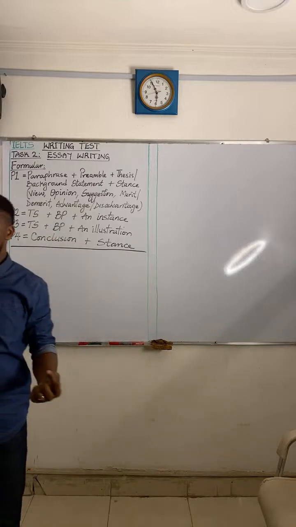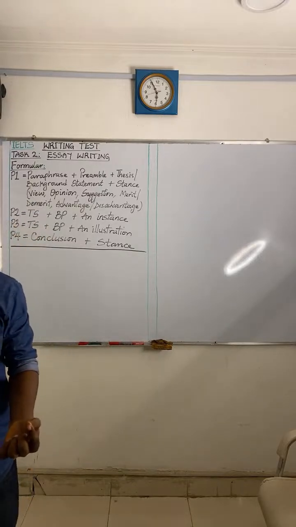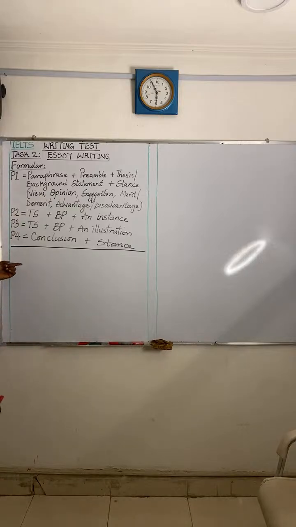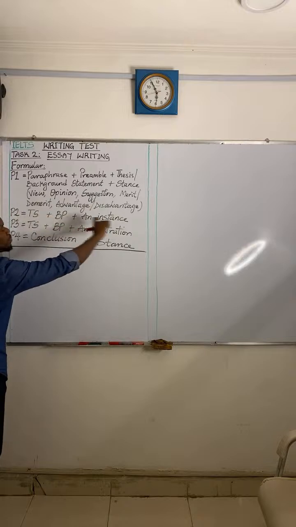An example attached to it. So when you drafted the points, you attached examples to them. And you also established your stance, the opinion, right? Your paragraphs 2 and 3 have the same thread, the same approach.